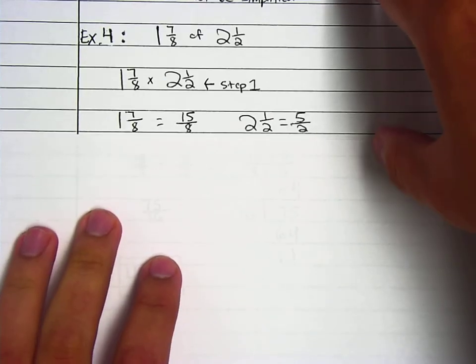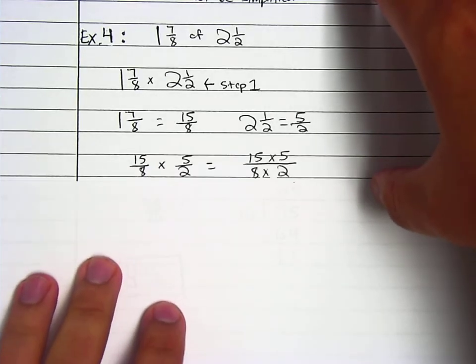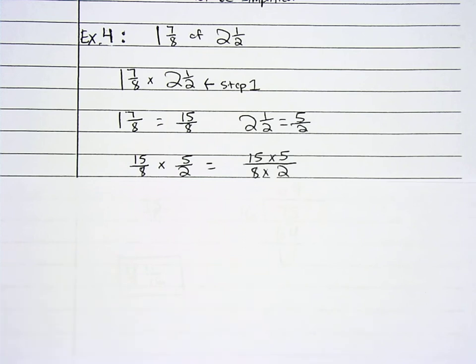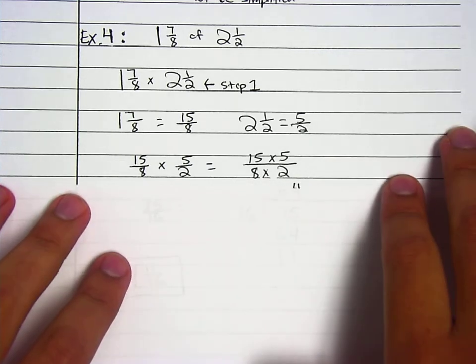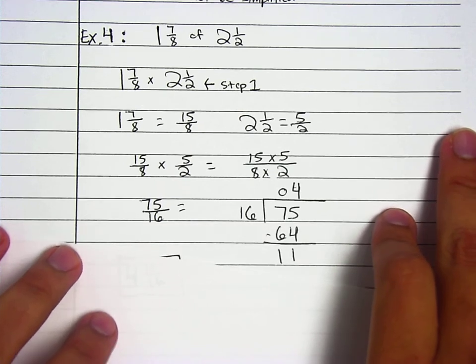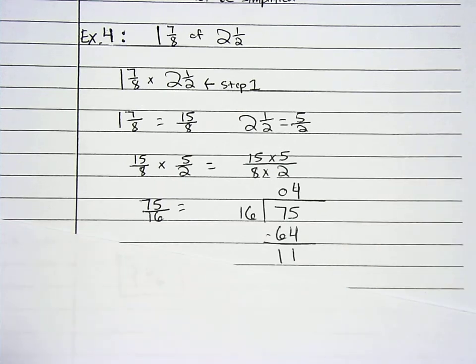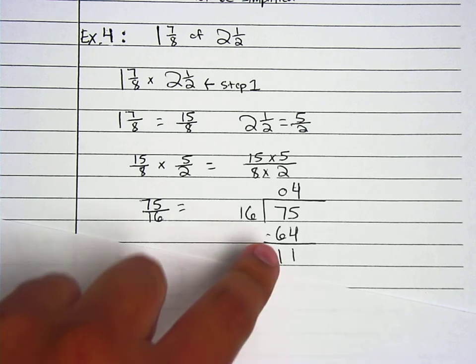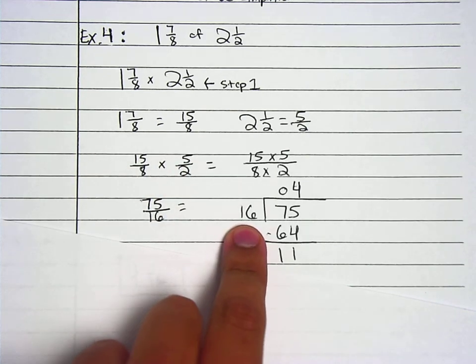Now we're ready to multiply. Again, we're going to multiply straight across, 15 times 5 over 8 times 2. When we get our product, it's 75 over 16, which again, we have to simplify. We have to make it back into a mixed number, so we have to divide.